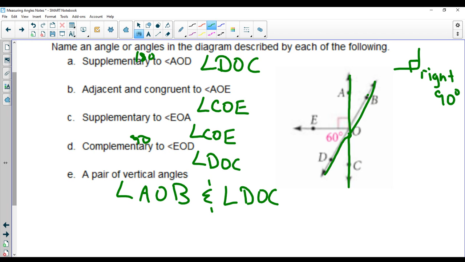Those are vertical because they make that X.